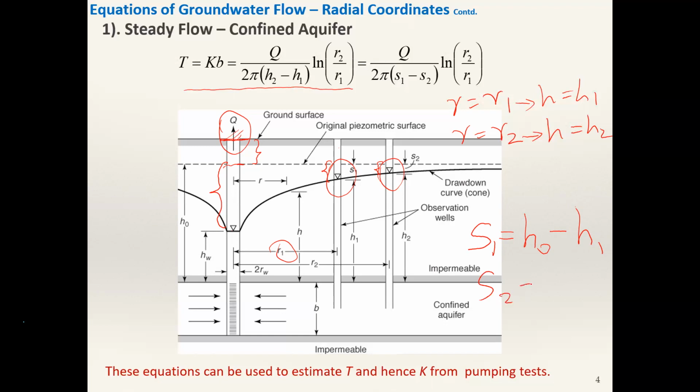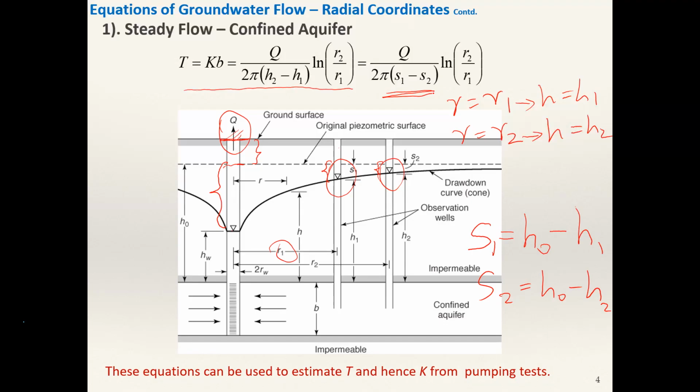S2 is equal to H0 minus H2. So that you can substitute in this equation and write the same equation in terms of the drawdown. Earlier we wrote it in terms of the piezometric head. Now we can write this equation in terms of the drawdown.